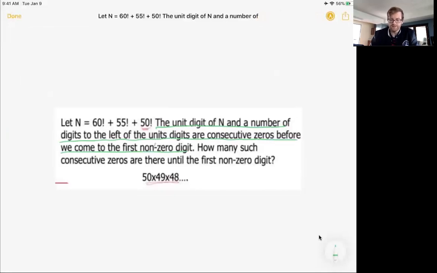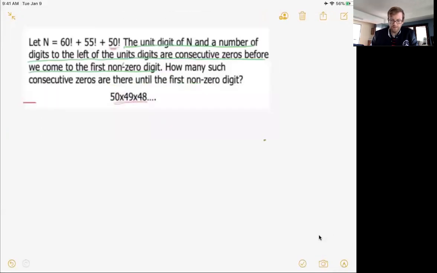So first of all, what they're doing with the question in general, it's like if you have this number, let's say 123,000. They're saying to report these zeros at the end of the number, okay?